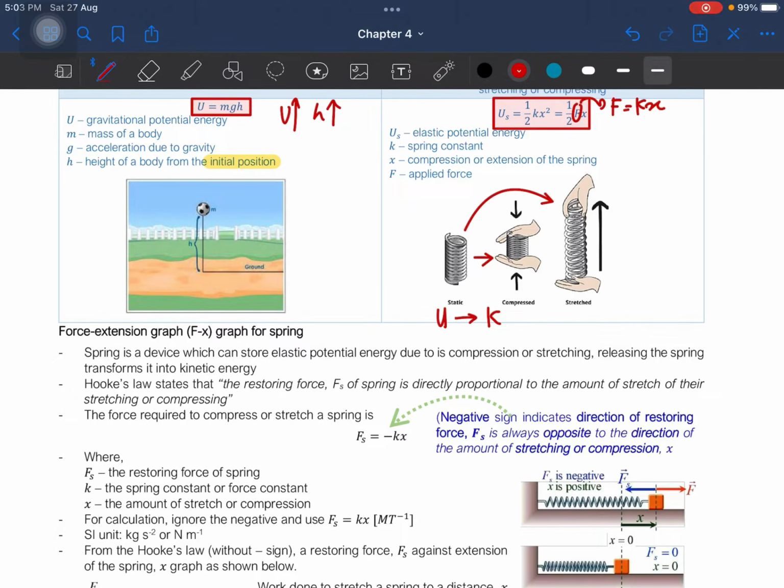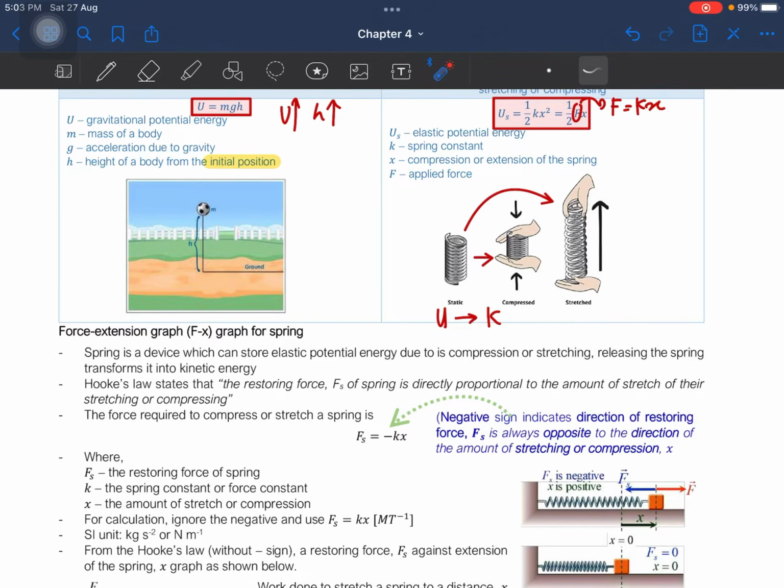Okay, so Hooke's law pula, if you remember Hooke's law, I think you have learned it during SPM if I'm not mistaken. So Hooke's law pula, it states that the restoring force, which is Fs of a spring, is directly proportional to the amount of stretch of their stretching ataupun compressing.